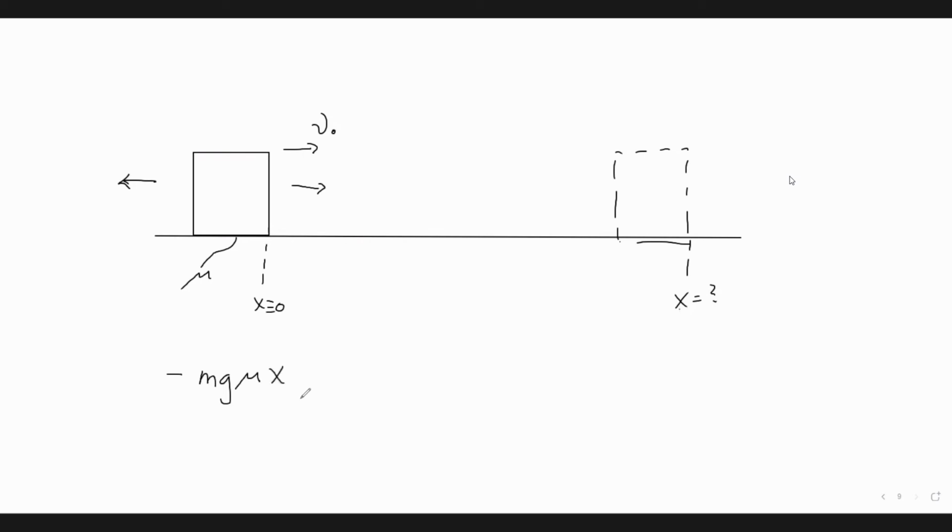That's the total work done. What is the change in kinetic energy? Kinetic energy final is 0. Initial is 1/2 m v0 squared. The change in kinetic energy is minus 1/2 m v0 squared. So now solve for x. Wasn't that simple? Most of these problems are very, very simple.